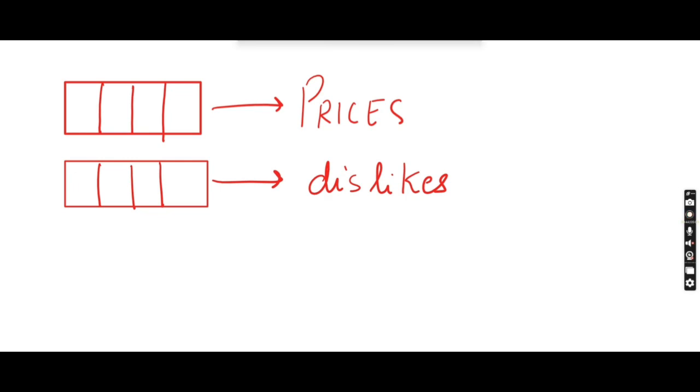So I have a cost, let's say the first dish is 2 rupees, another is 4 bucks, let's say this one is 5 and this one is 1 buck. And let's say this is disliked by the first friend, this is disliked, let's use any other color.